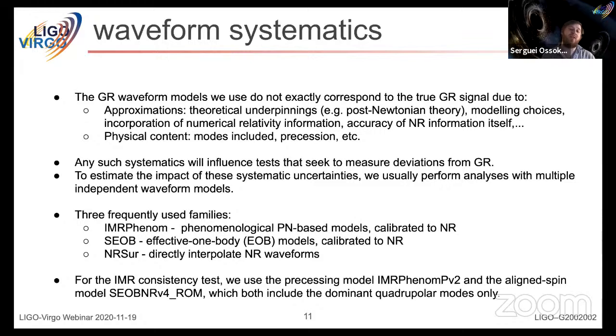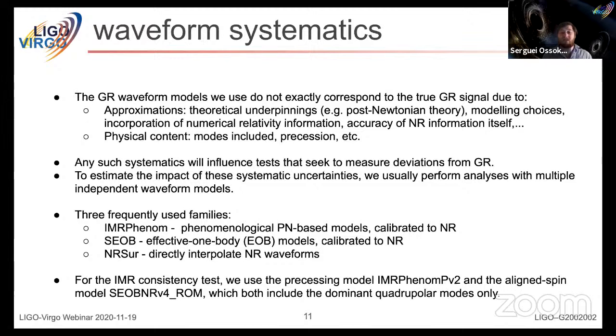So for example, the theoretical underpinnings like post-Newtonian theory, exactly how we assemble our model, how we incorporate numerical relativity information, how accurate that information is, etc. And the second consideration is the physical content of the model itself, such as whether we include modes beyond the dominant quadrupole, we allow precession of the orbital plane and the spins, and others.